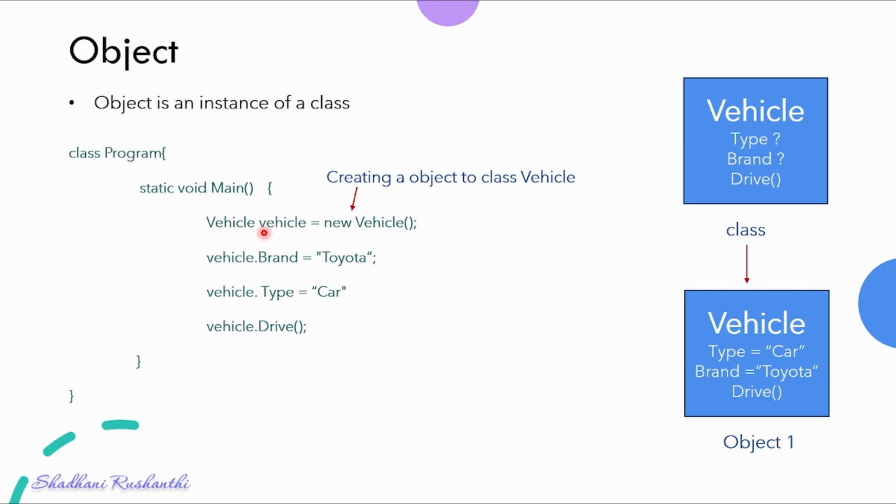Inside your main class, we can create an object for a class. When creating an object, first of all you have to define the name of your class and the name of your object. Here I have defined the name, and then the keyword new and again your class.